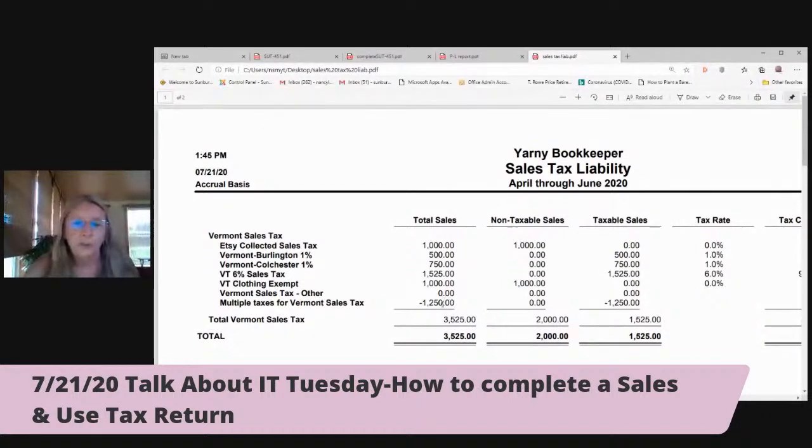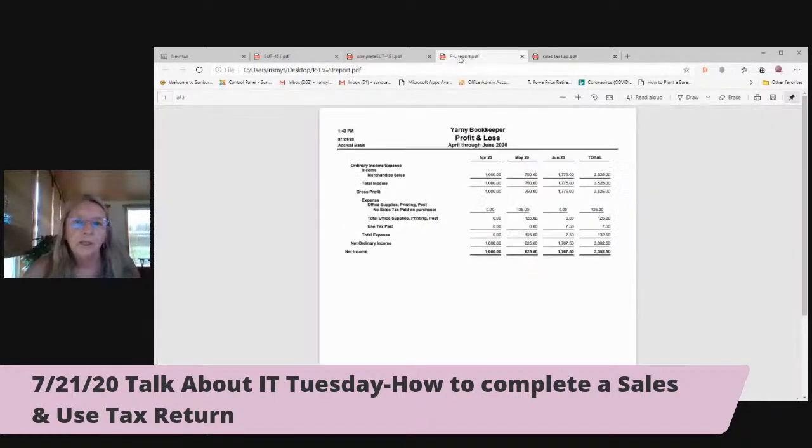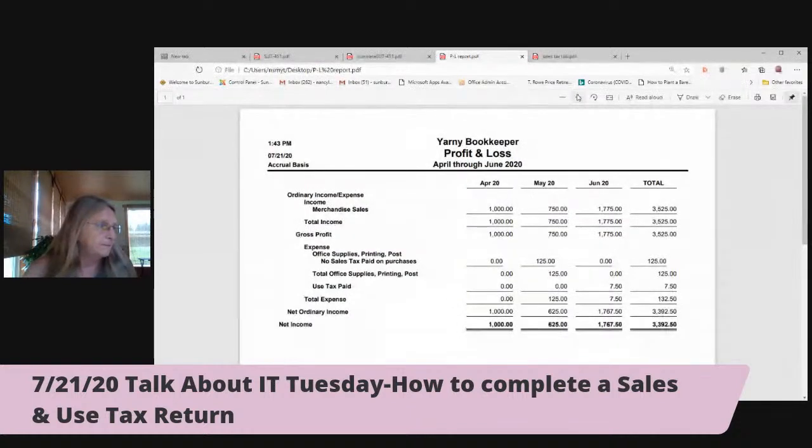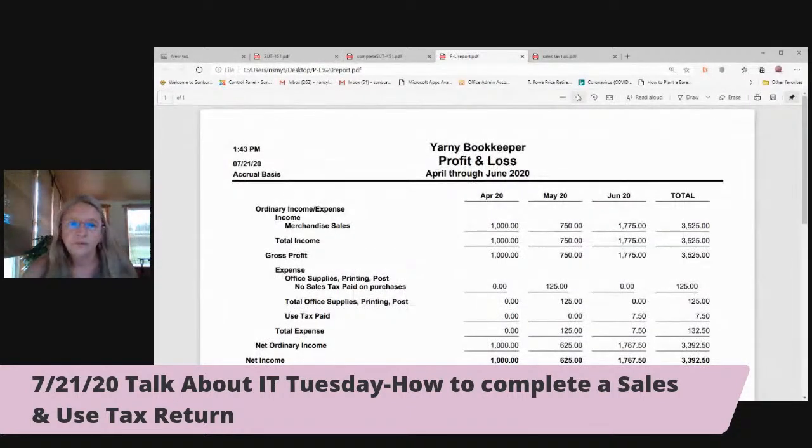That would show up here as well on my sales tax liability report. But when I looked at my P&L, I would simply have that total of merchandise sales, and now this would be $4,125, because that was the total that I sold.